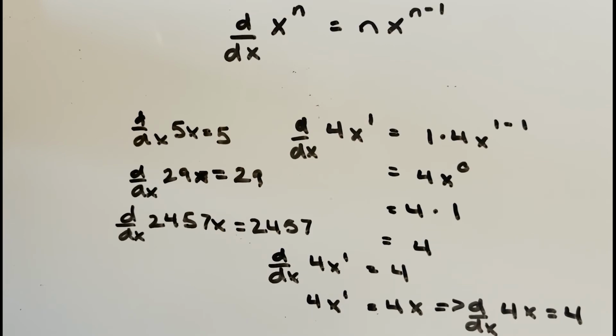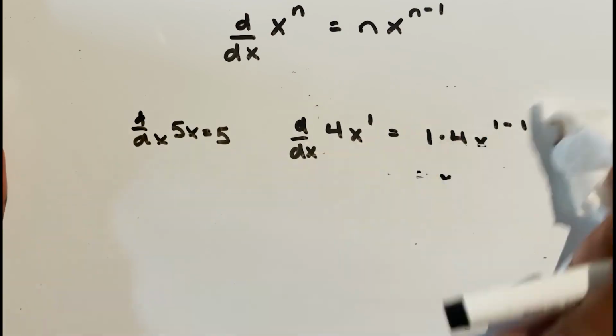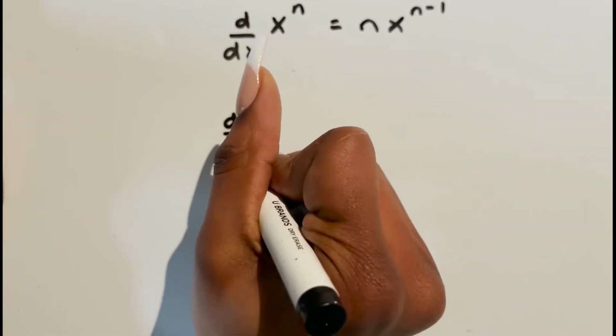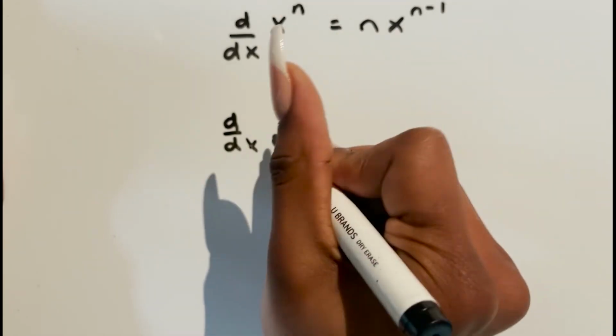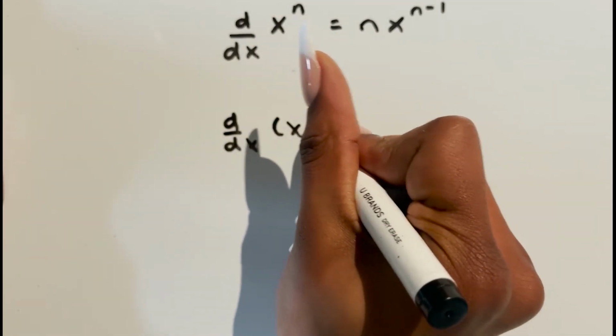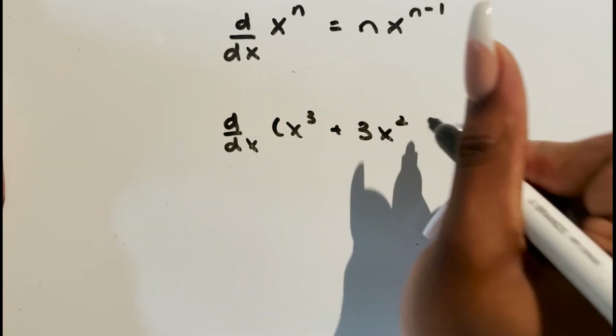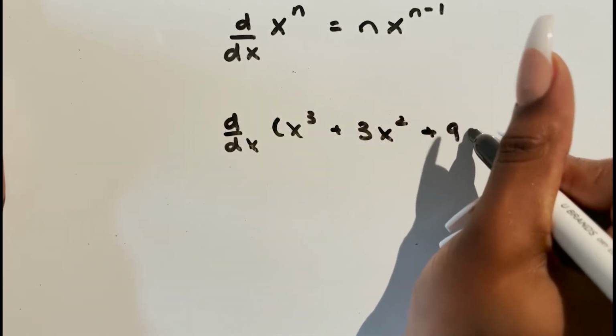Now let's combine everything we've gone over to solve our final example. Let's find the derivative of x cubed plus 3x squared plus 9x.